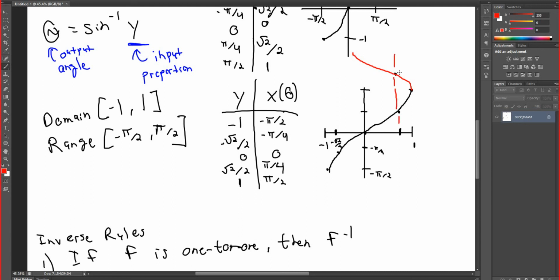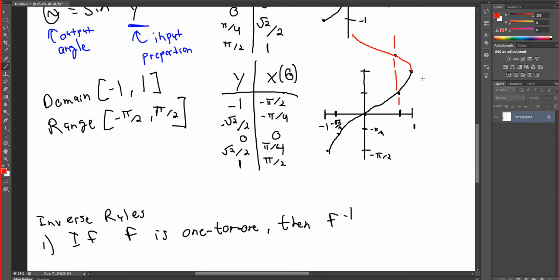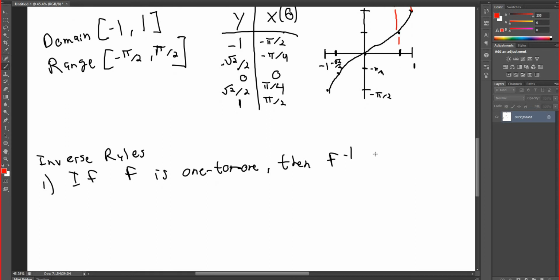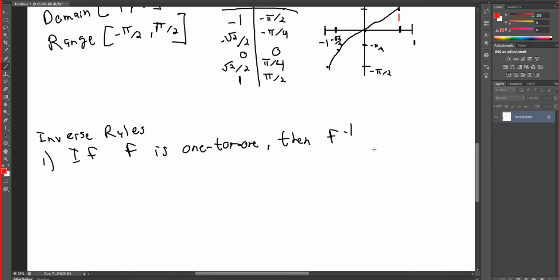Because essentially you're just taking your sine function and rotating it. So the inverse exists.